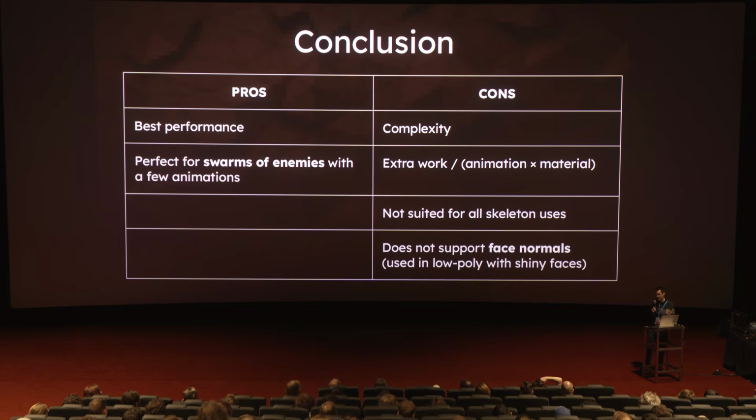And it's not suited for all skeleton users. Like if you have your player that will move bones dynamically based on player input, you can't use this technique, of course. And it doesn't support face normals. So it means that if you have a low poly style with shiny faces everywhere, it will smooth everything out, so it's not what you want.